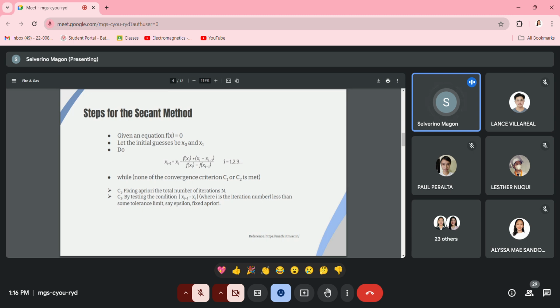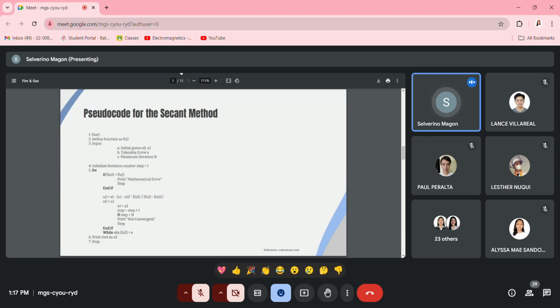The other is a test condition on the error: once you arrive at an error value lower than the predefined tolerance limit, the program also will terminate itself.